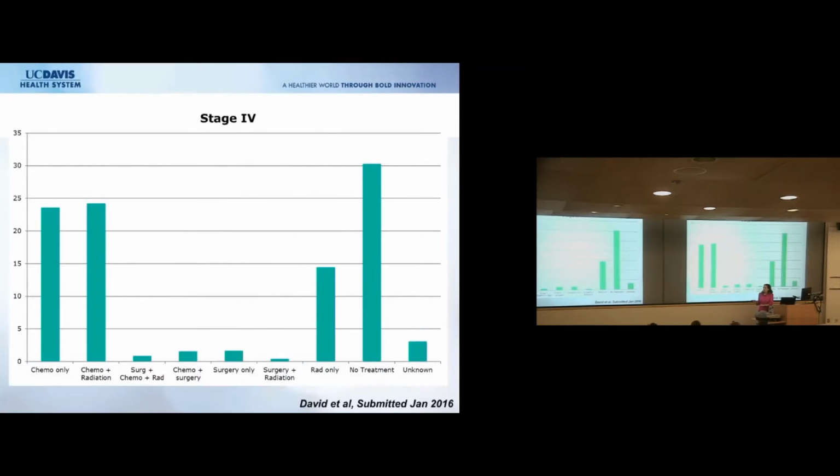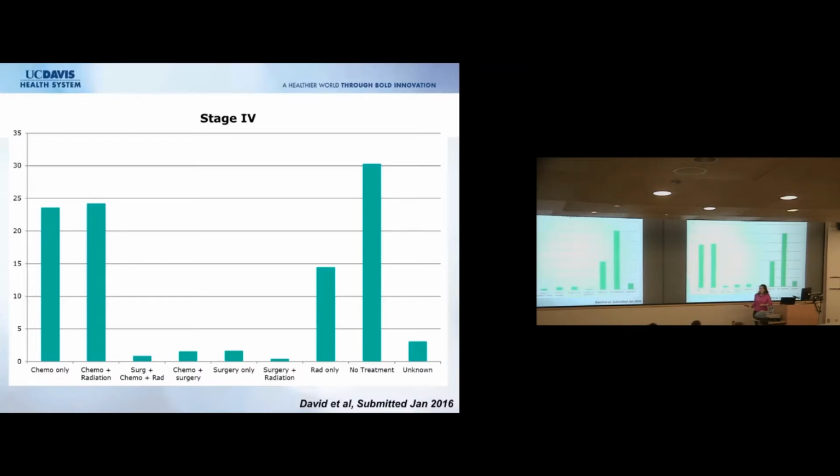So this is what our treatment patterns looked like. As you can see, a lot of patients are having chemotherapy or chemotherapy and radiation. A few less patients are having radiation only. There's a lot of patients in this no treatment group, okay?